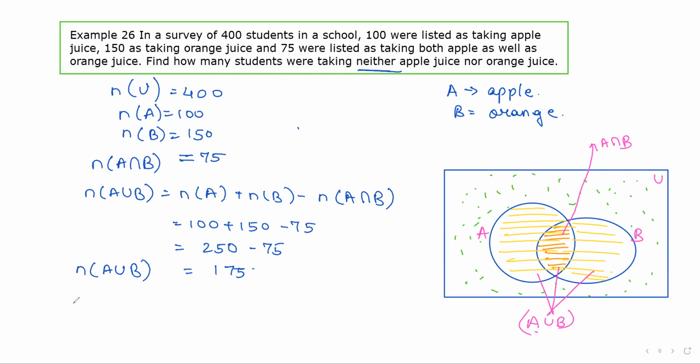To get to the green portion, you have to find U, or students who take neither orange juice nor apple juice.